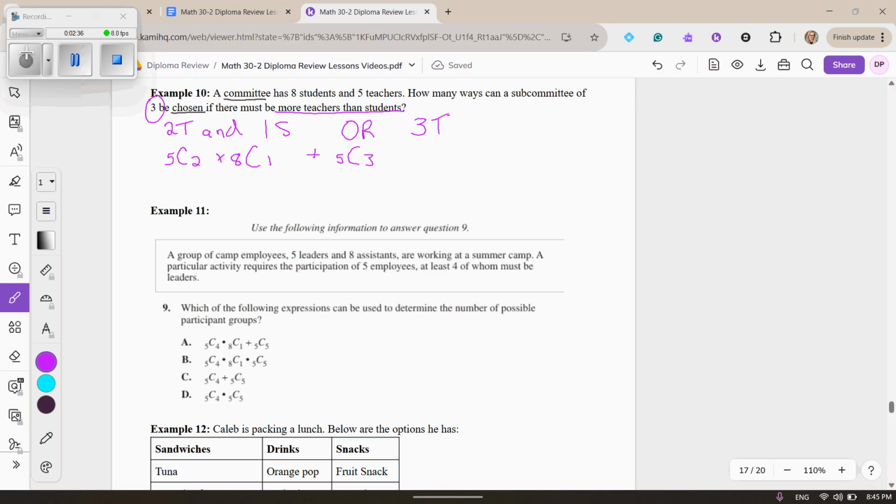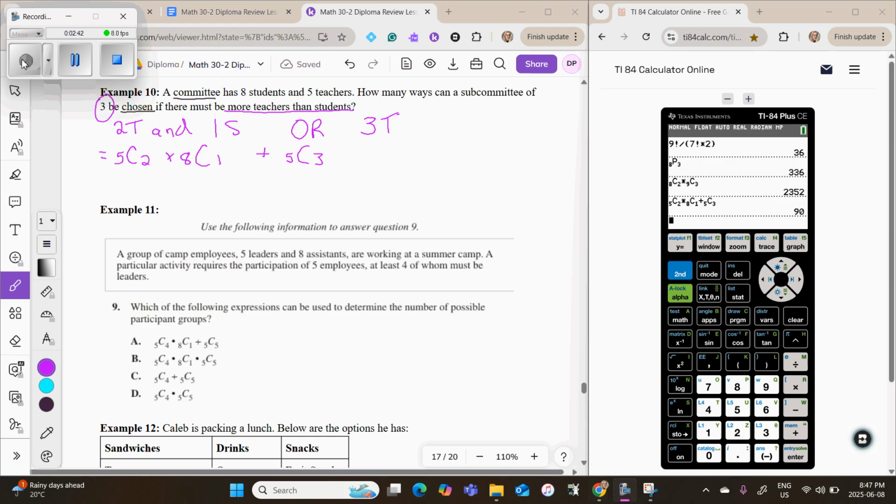Once I type that in my calculator, as shown on the side, I got 90. So there are 90 different committees possible when I am choosing a committee with more teachers than students.